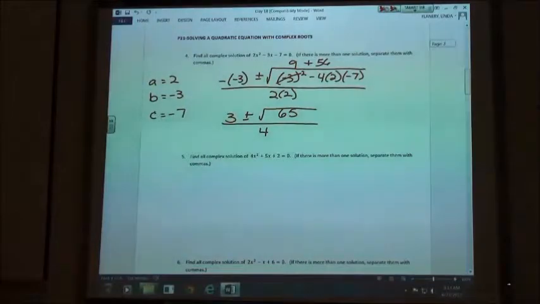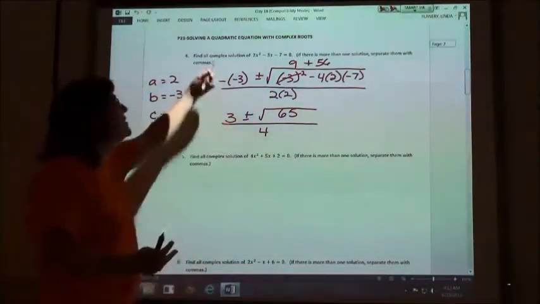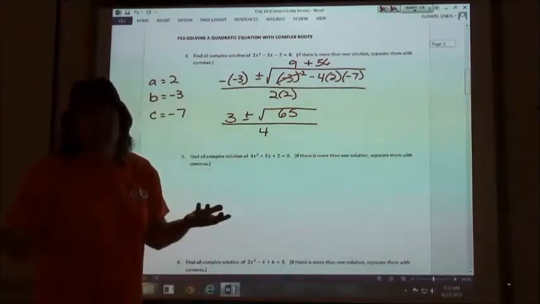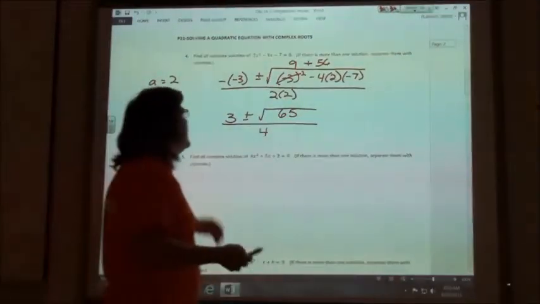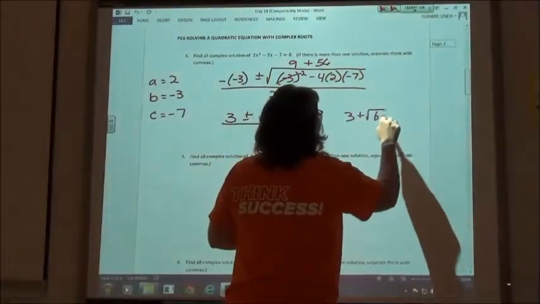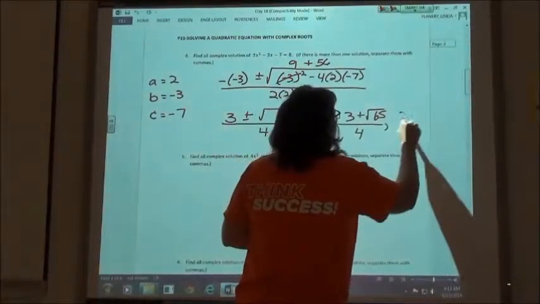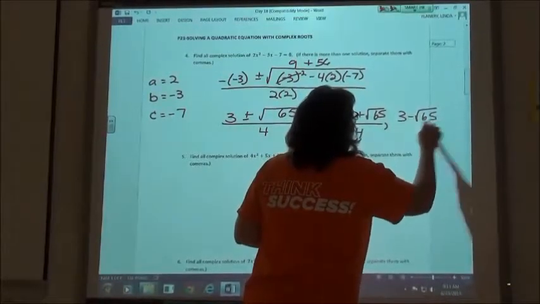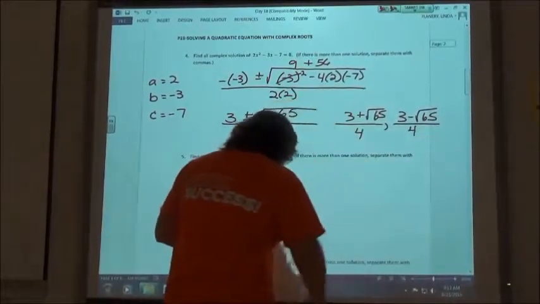So this one just turned out the regular way. We didn't even get an imaginary number, which will happen even though it says complex solutions, because complex numbers could mean you have 0 i's. And so again, we'd have 3 plus the square root of 65 over 4, and 3 minus the square root of 65 over 4.